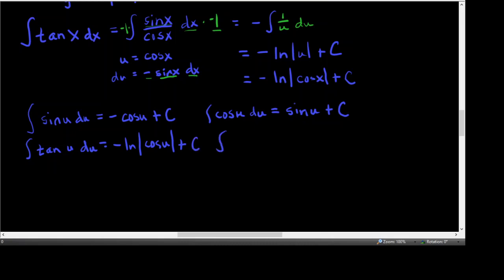And we could have done cotangent in a very similar fashion. Rewrite it as cosine of u over sine of u and derive this one. So I'm going to leave that to you as an exercise. If you want to figure out if you can derive that one by yourself, you should end up with natural logarithm of the absolute value of sine of u plus c.